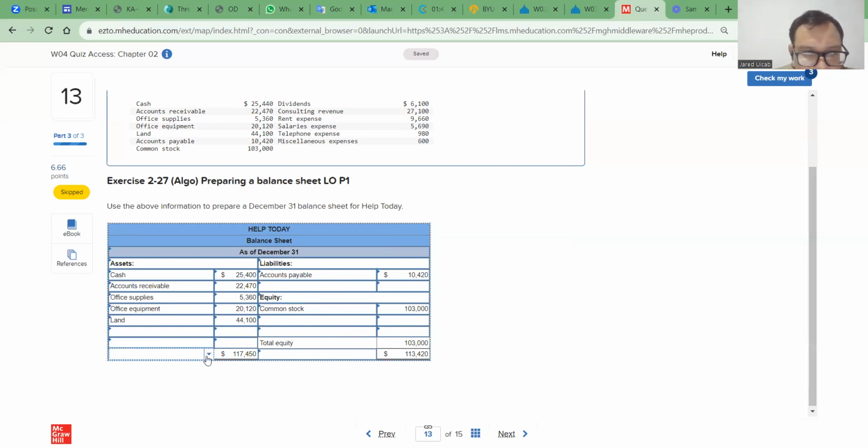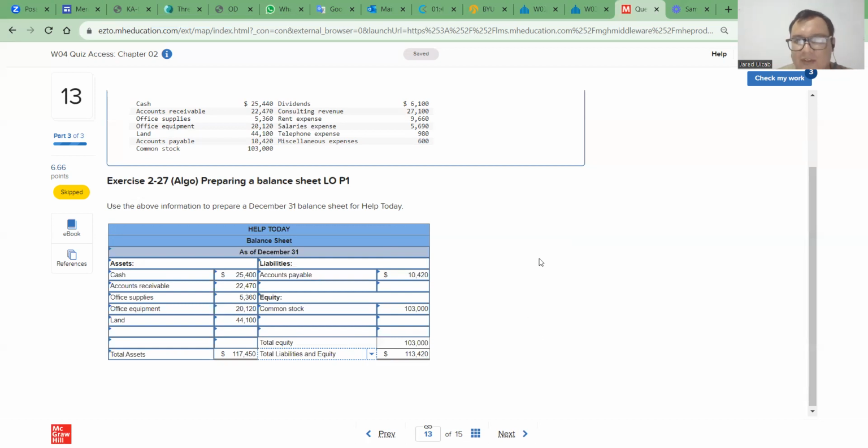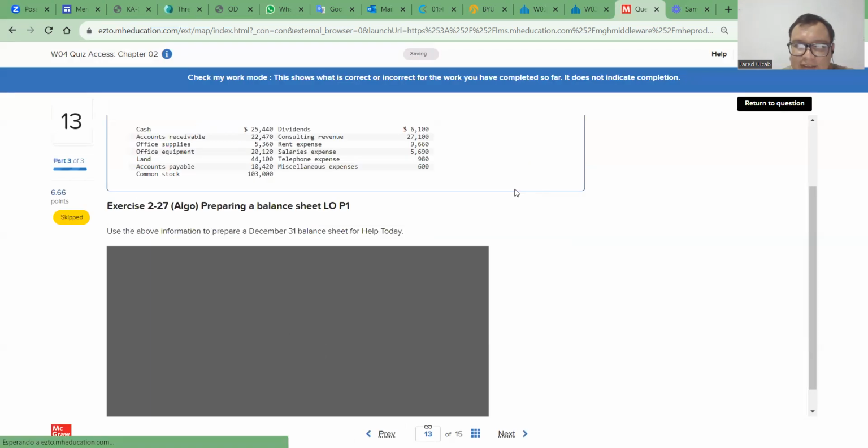I think that's all. So here is total assets, and here total liabilities and equity. And we have to click on the button, check my work.